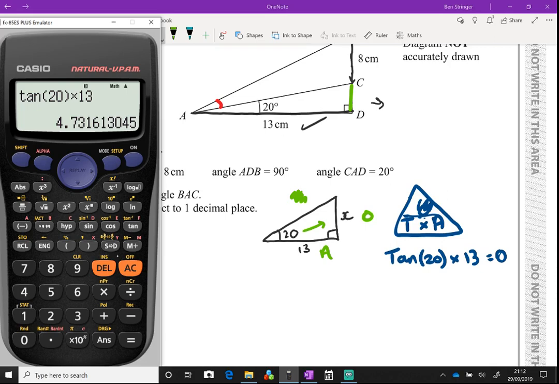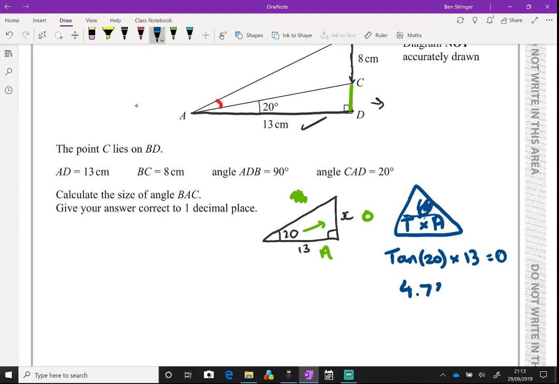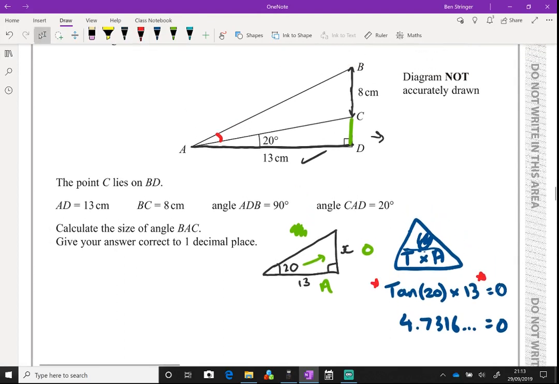Well, I'm not going to round this yet, because if I use this rounded version later on it's going to be a big error, but I'm just going to write 4.7316 dot dot dot. That's what the O is, but I'm going to be using this in calculations again because I'm not losing any accuracy marks. So I've got this length, which is roughly 4.7316, etc.